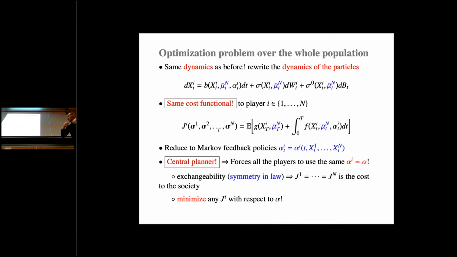So now I'm saying that somehow there is a central planner who is deciding of the strategy that everybody is now using. So you have the small companies, they are just working on their level, but the policy is prescribed by a chief that is on the top of all the small companies.